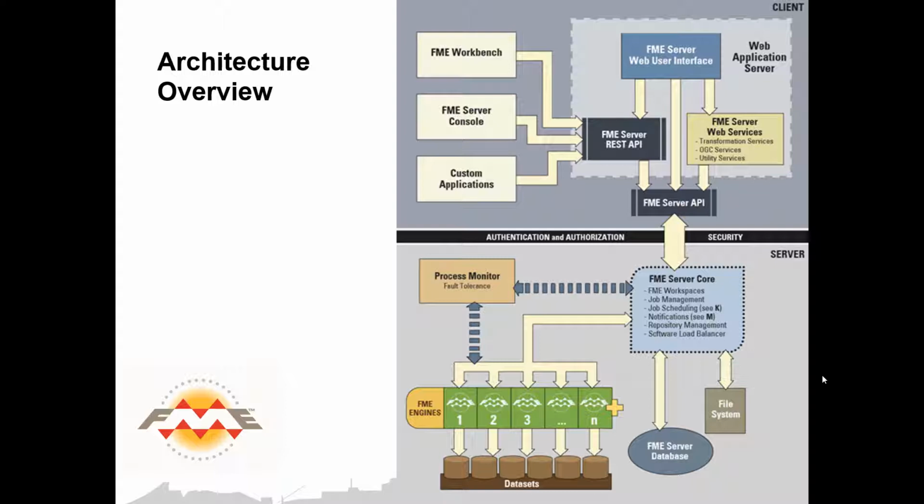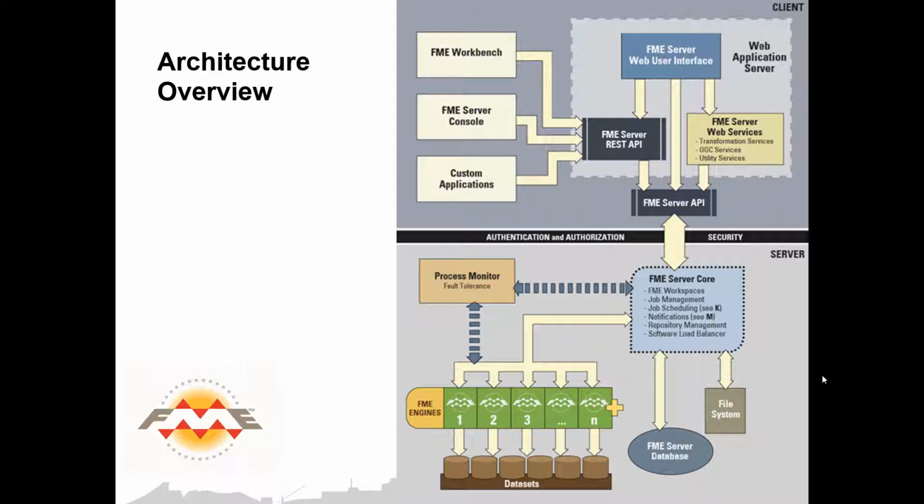And when you buy FME Server, you buy it with a number of engines, and that's the only pricing stipulation you need to concern yourself really with, is how many jobs are you likely to have and how long are they going to last. And once you know loosely the answer to those two questions, that allows you to size your capacity, and that also helps you understand the kind of hardware you might require to install the software on.